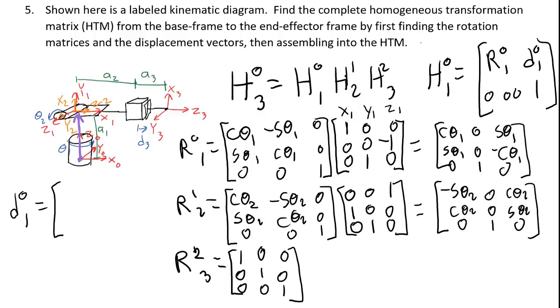Now, if you can picture in your head what this manipulator will look like as the variables are moving, you can see that this displacement vector, which I've drawn in purple, will actually stay the same no matter how theta 1 moves and no matter how theta 2 moves. So the displacement from 0 to 1 is only A1 in the z direction.